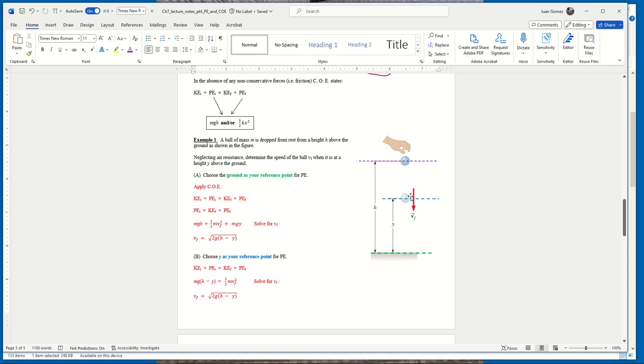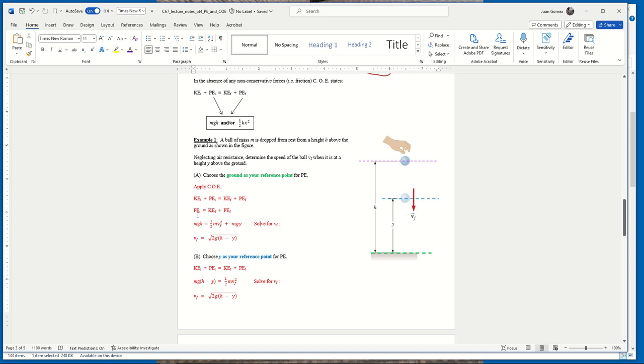So right here at y, when we're calling the speed v final, the mass now has kinetic energy because it's moving, 1/2 m v final squared, and it also has a potential energy because its height has changed. So step 1: KE initial plus PE initial equals KE final plus PE final.